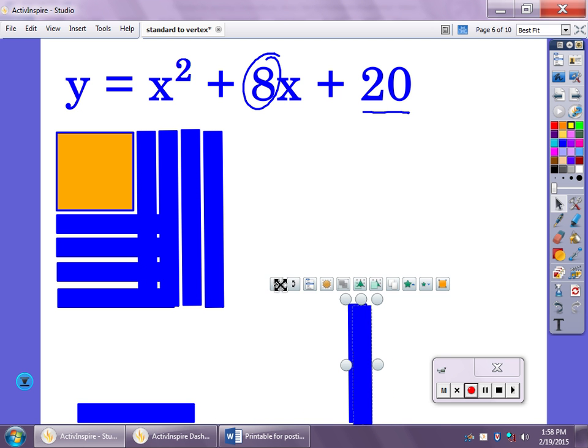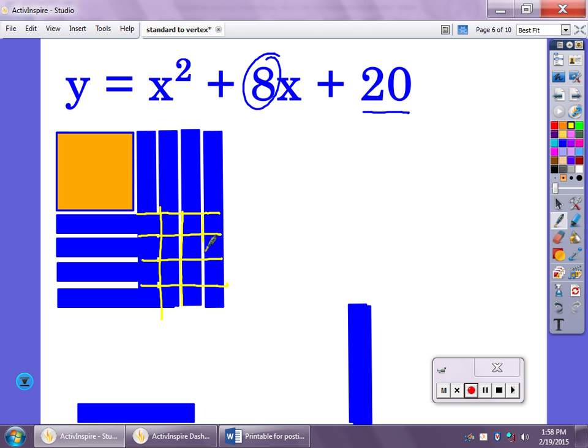So if I extend this line, this line, this line, this line, I can see the single unit. Once again, this is my x squared. This is 1x, 1x, 1x, 1x, 1x, 1x, 1x, 1x for a total of 8x.